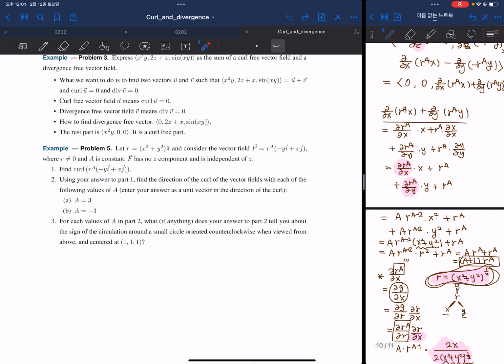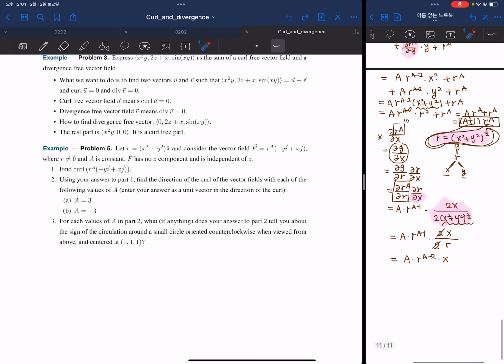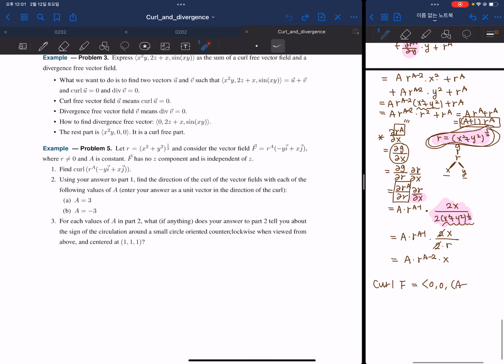What I just calculated is actually the third coordinate, so we can say that the curl of the given F is 0, 0, and then (a plus 1) r to the a.